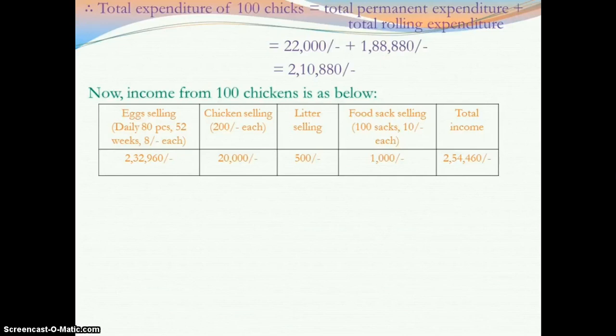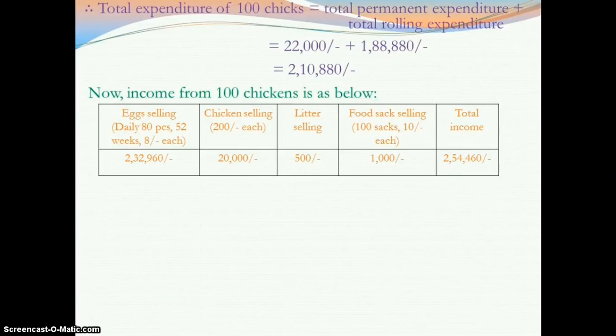So for 52 weeks, the total price of eggs, if we consider one egg is 8 taka, should be 2,32,960. And after 18 months, if we sell all of the chickens, and each chicken is 200, then for 100 chickens it should be 20,000.